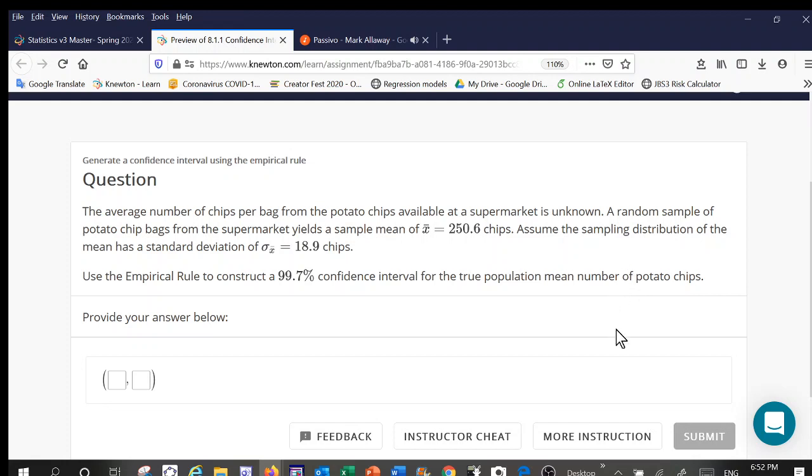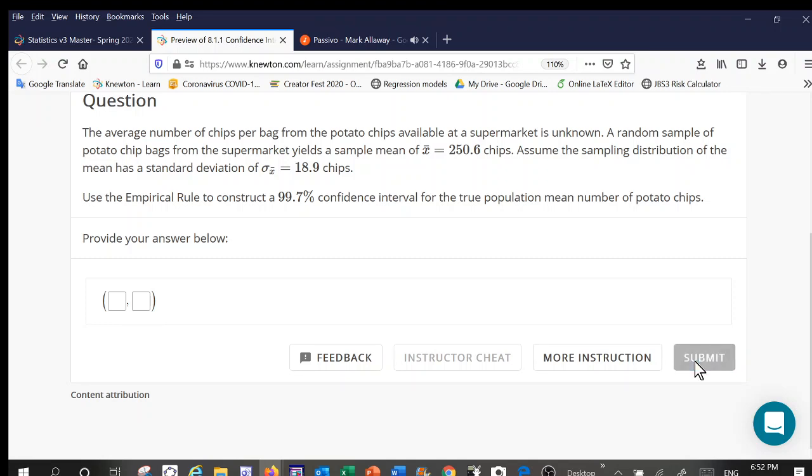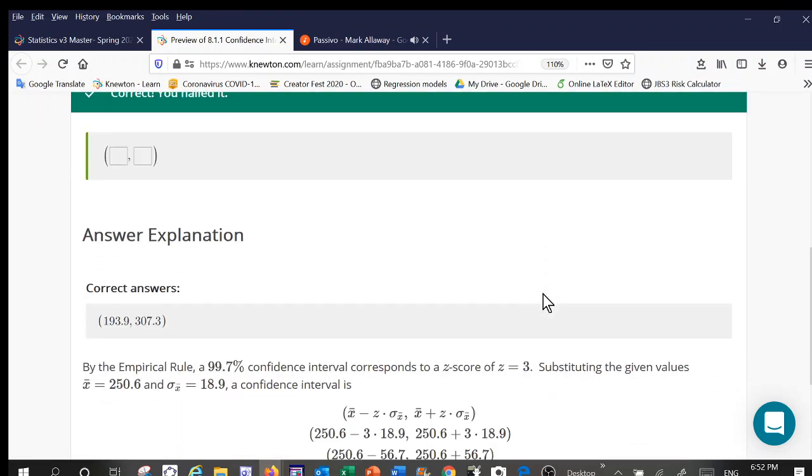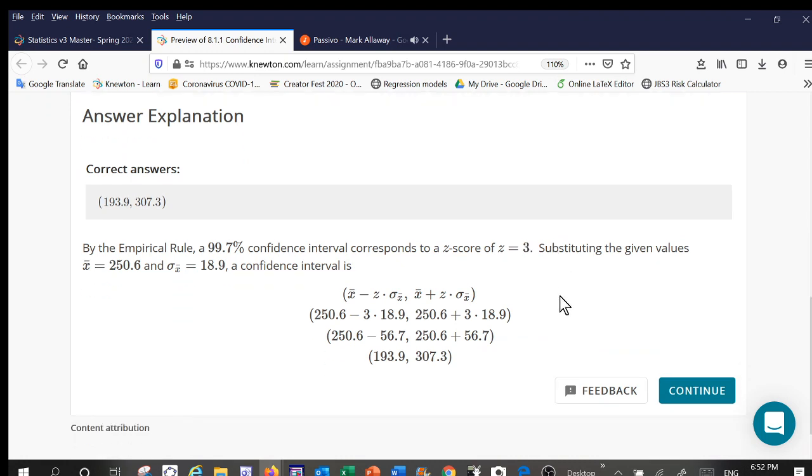So let's first of all get this answer and then see how we can do it quickly, and then we do another one ourselves.